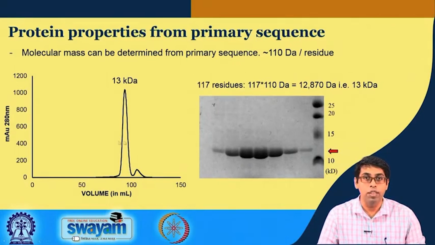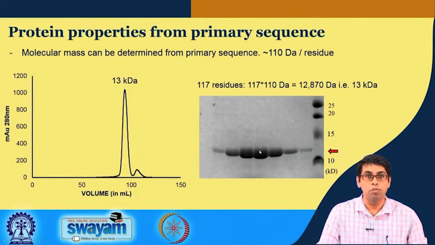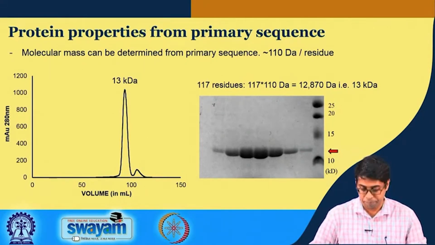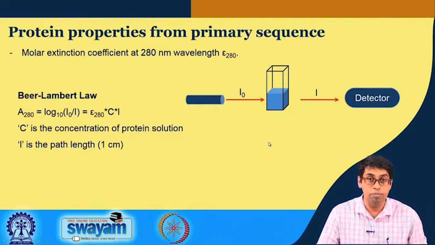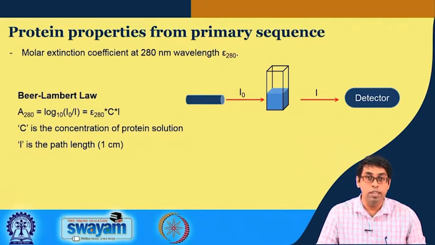So, using these two techniques, we can confidently say that our protein has the right mass, so most probably it is the right protein that we intended to purify. The first information you get from your sequence is the molecular mass, and we can use that to give us confidence about the correctness of the protein we have purified.